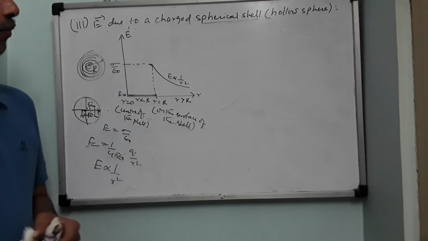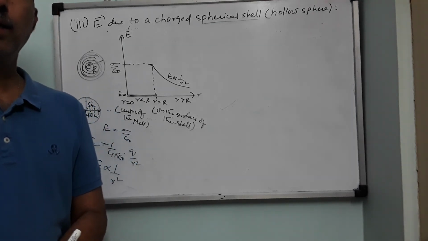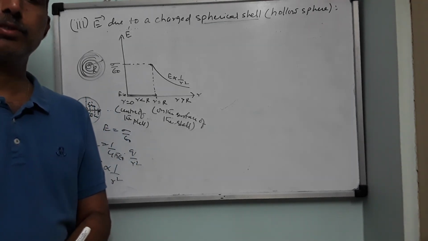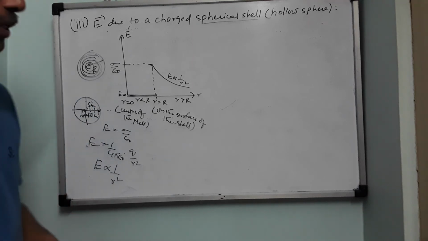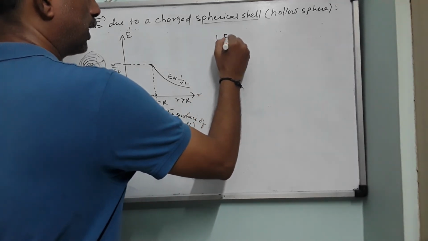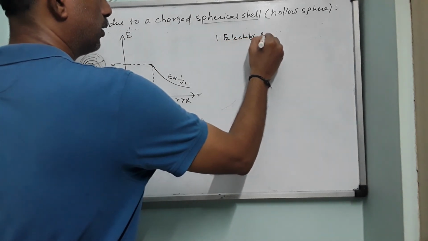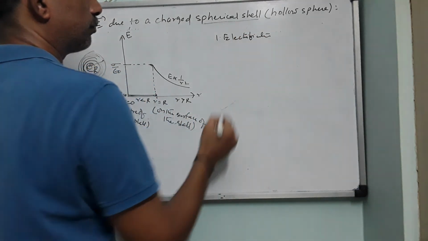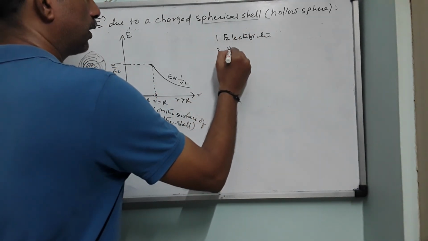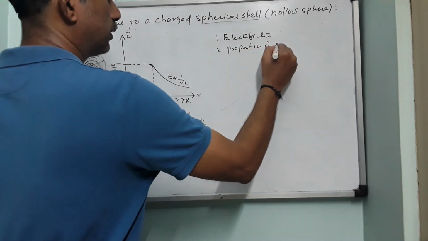So with this we have completed the first chapter, that is, electric charges and fields. What all have we discussed in this chapter? We have discussed electrification. Second one is properties of electric charge.